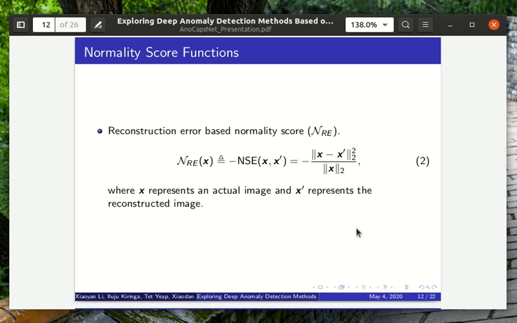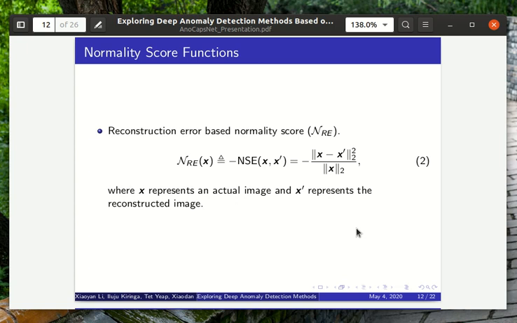Another normality score function is based on normalized squared reconstruction error, simply called the RE normality score function. The reason for using normalized squared error instead of mean squared error is that different objects in the images have different numbers of non-zero pixels.